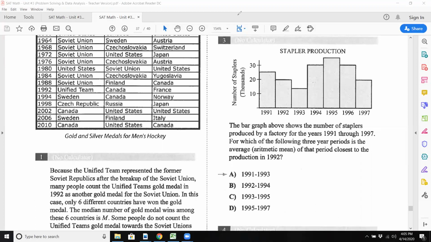Well, 1991 is about 25. The other one's about 15. 94 is about 30. That's probably about 35. That's probably about 30. That's probably about 20. 91 to 93, if I were to average all those, and you see the words which of the following, that's process of elimination.